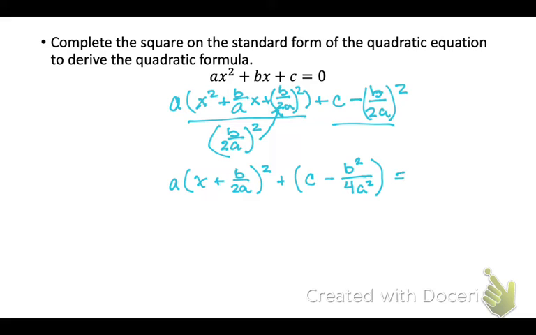Well, it equals 0, doesn't it? Should I get common denominators? Yeah. So it would be 4A squared. So this would be C 4A squared, C, minus B squared.